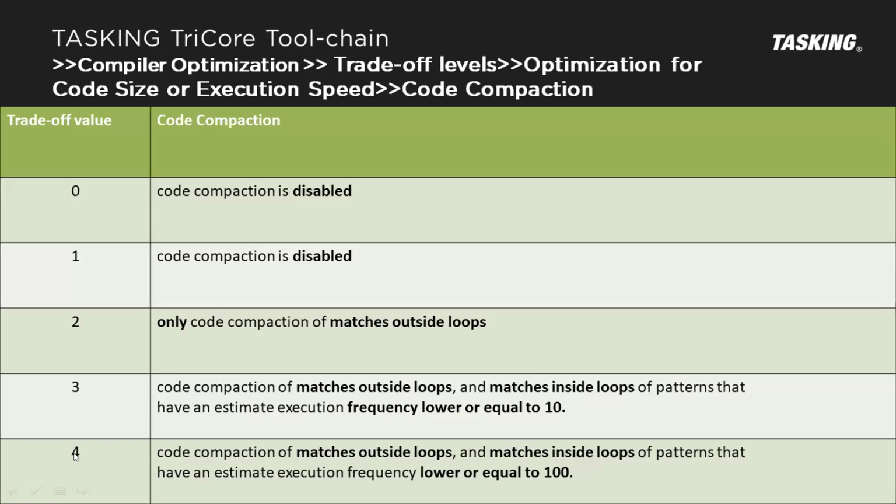And for trade-off value 4, I will make code compaction of matches outside the loops and inside the loops, with an estimated execution frequency of less than or equal to 100. So this is how code compaction is impacted based on the trade-off values compiler option.